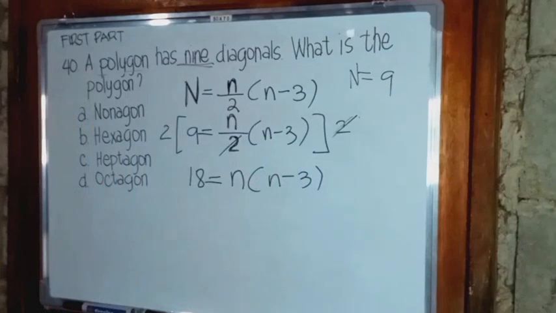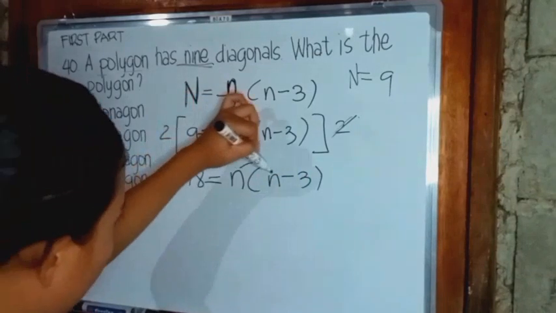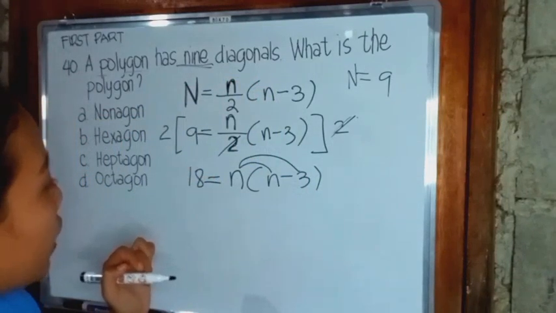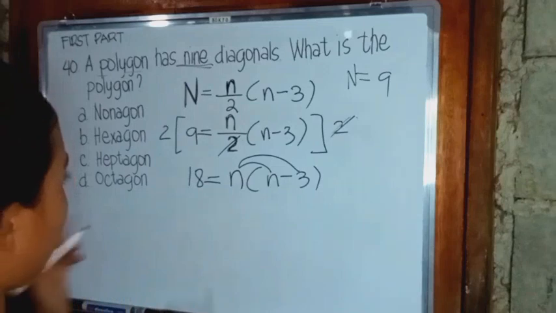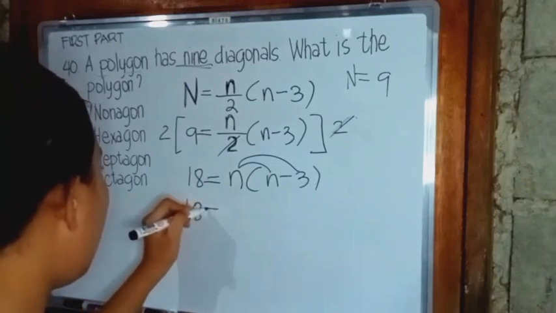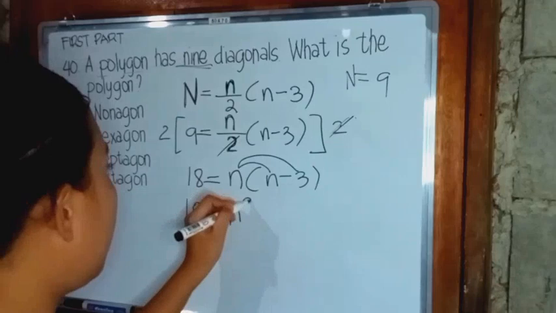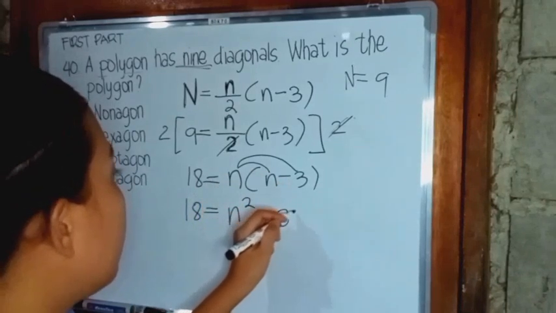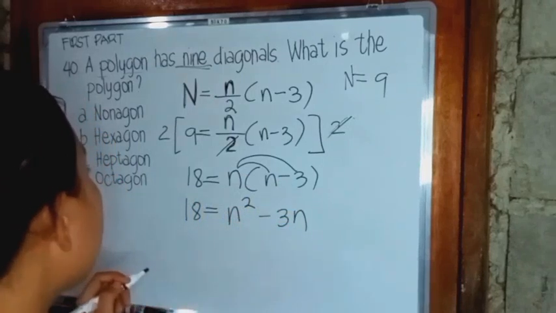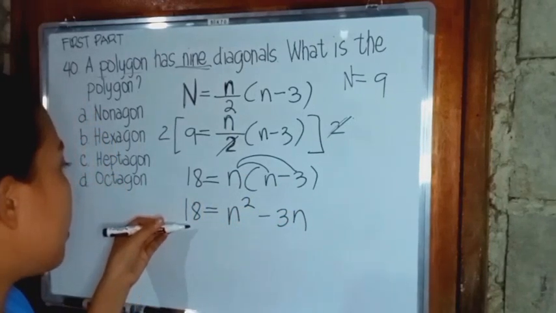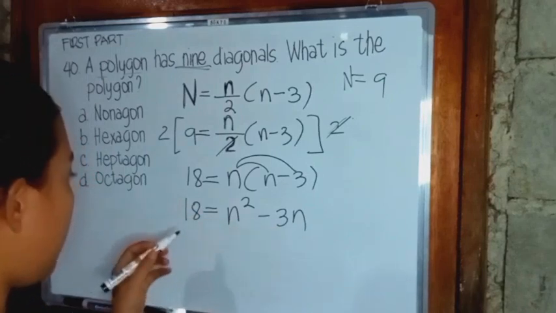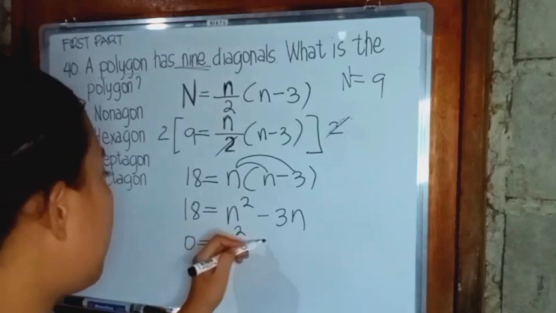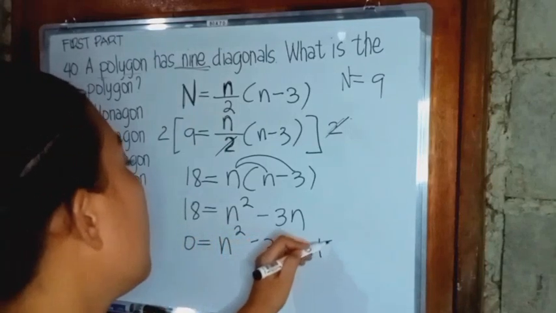Okay, next we can distribute this in order to find the value of n. So this will become 18 equals n times n, which is n squared, and n times negative 3 is negative 3n. Transpose 18 to the right side of the equation. This will become 0 equals n squared minus 3n minus 18.